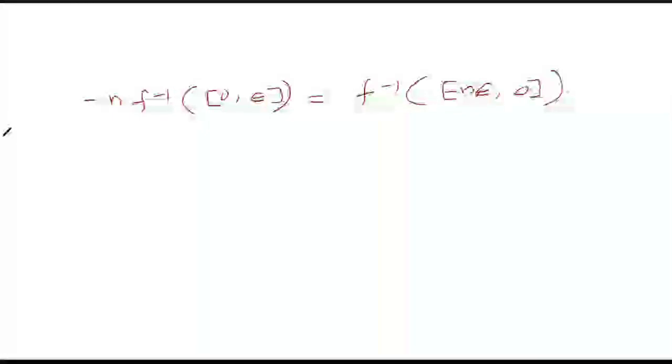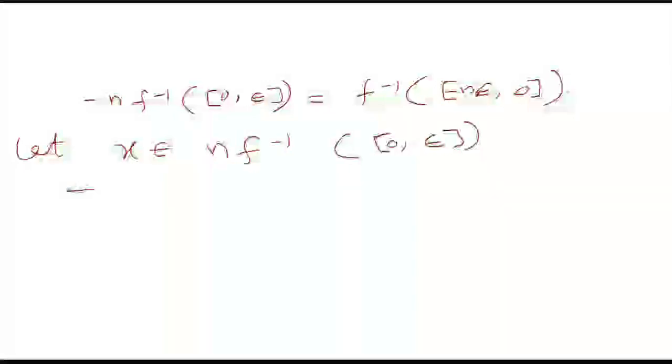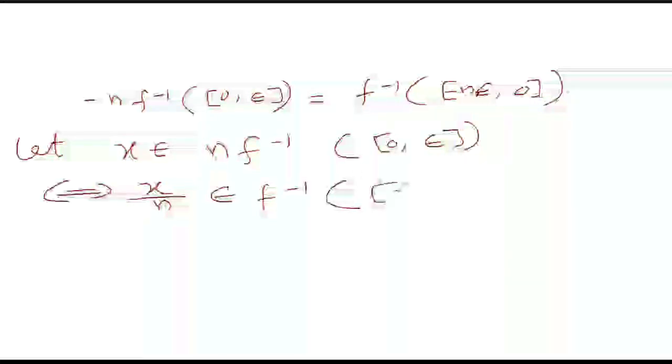So we verify the first one only. Let x belong to n times f inverse of 0 to epsilon. This is true if and only if x divided by n belongs to f inverse of 0 to epsilon.